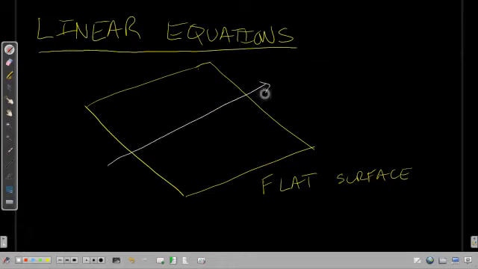And let me embed in that plane two number lines at right angles such that they both crossed at 0.